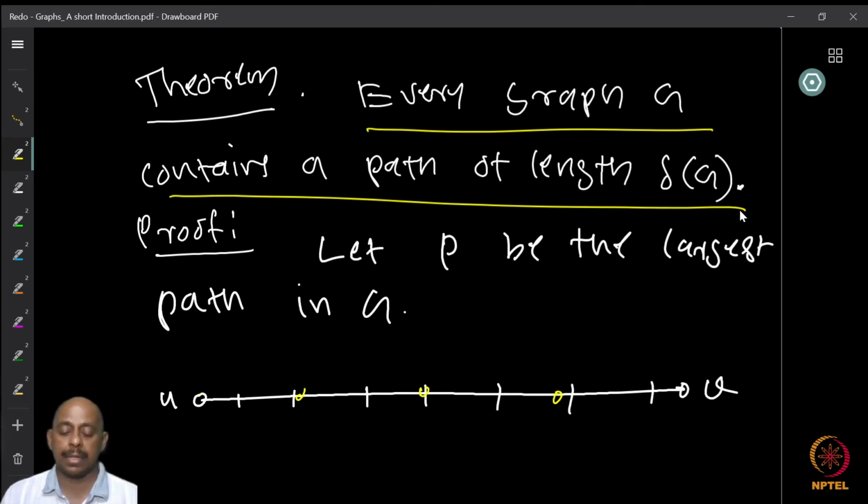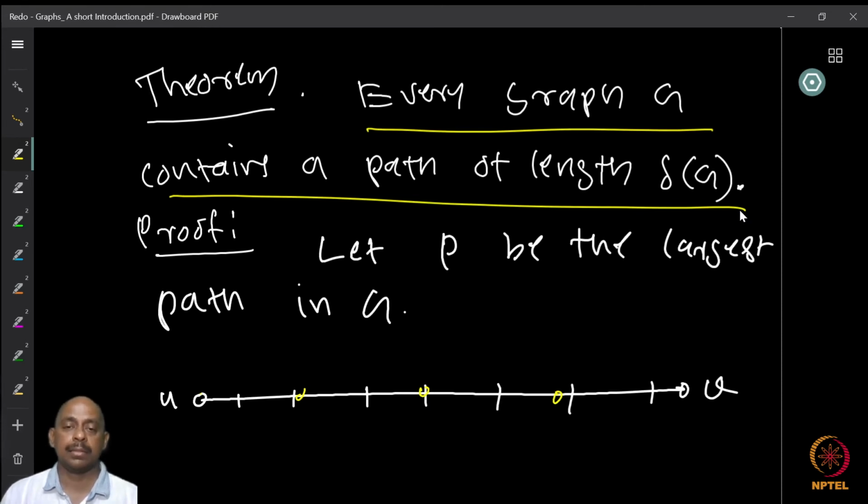So here is a hint. Let us start with a path of the largest length, the maximum length, in the graph G. So P is the largest path in the graph G. We can denote P by some UV path, where U is one of the endpoints and V is the other endpoint of the path.